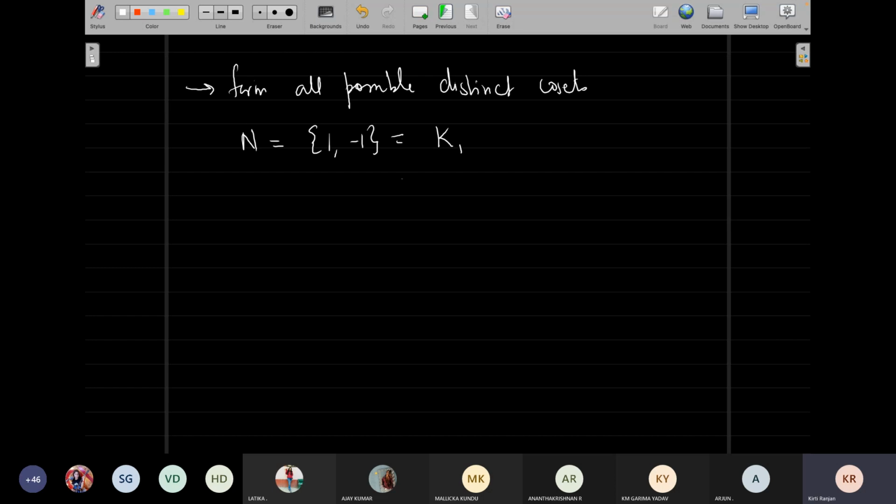What are the other possible cosets in this? If you take i times N, it gives i, minus i. Let's call this K2 because this is different from 1, minus 1. What about minus i times N?